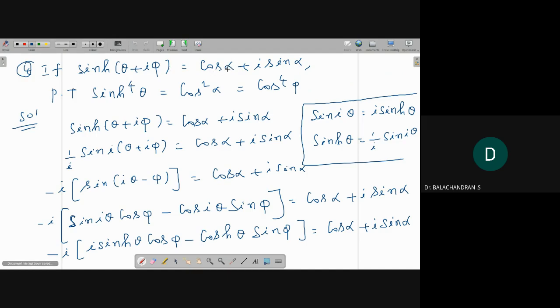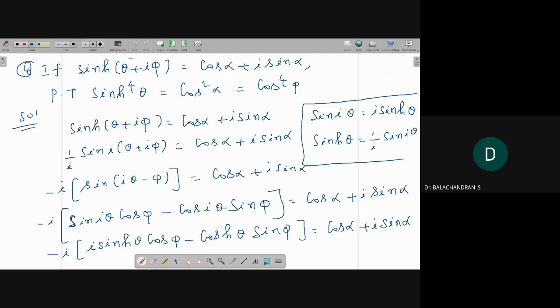For most of the problems, from the given statement, you should write the left hand side as real part plus imaginary part, and also the right hand side as real part plus imaginary part, and equate the real part and equate the imaginary part, and then depending upon the requirement you should proceed. This is the procedure for most of the problems.